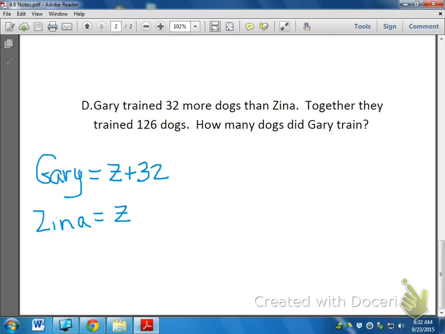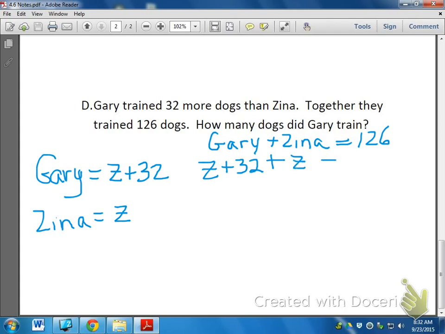So together, that's another one of those where they want us to say Gary plus Zena. Together, they trained 126. So instead of Gary, we're going to put Z plus 32 plus, instead of Zena, Z, and that was 126.